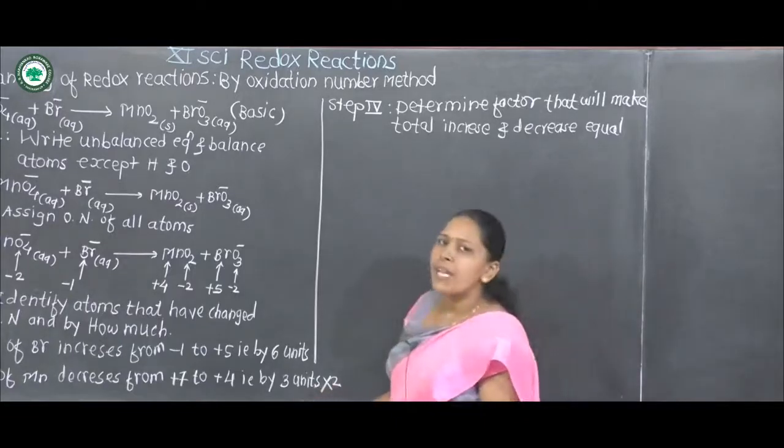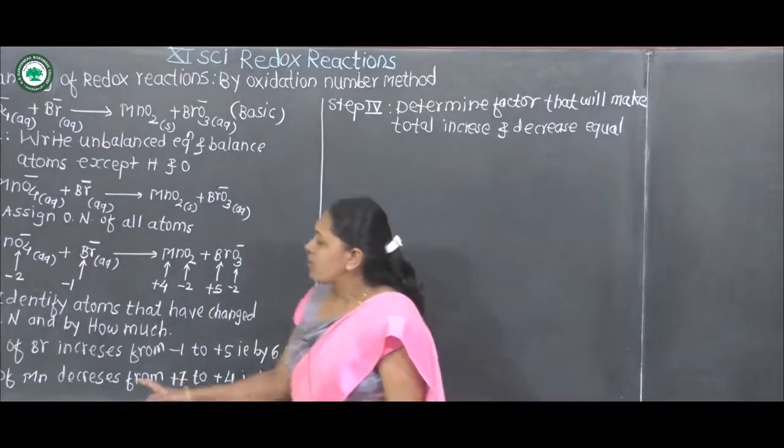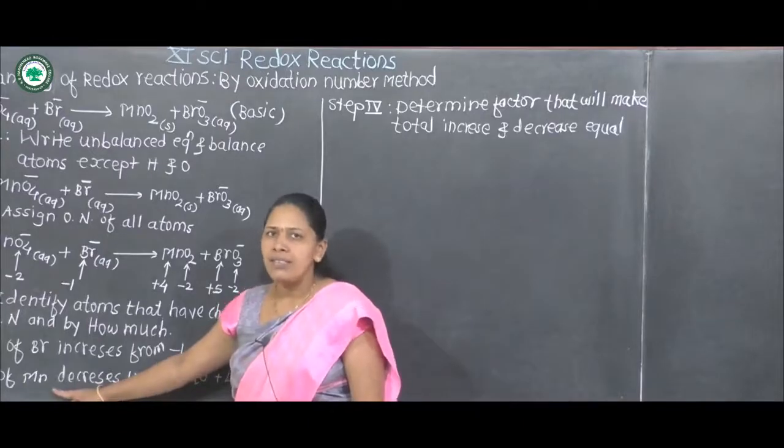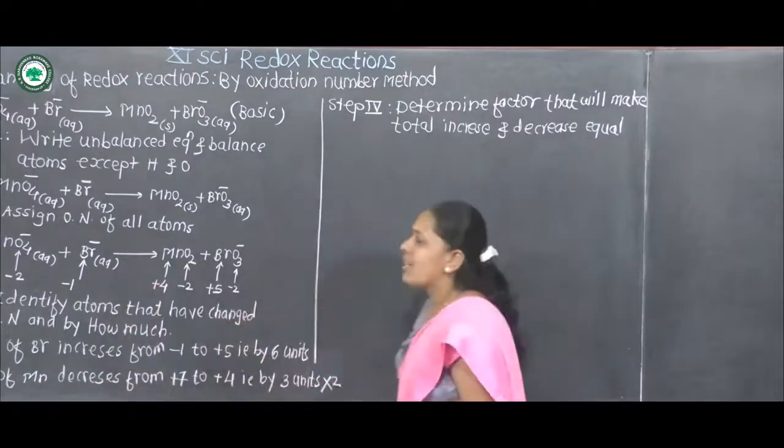Then we have to multiply by 2 the Mn atom that will appear in the reaction.